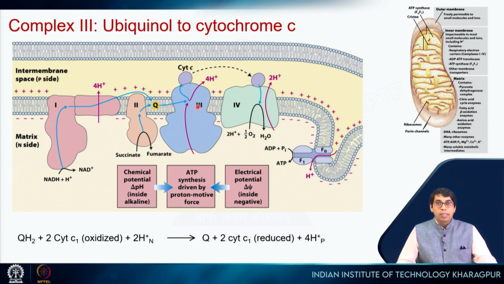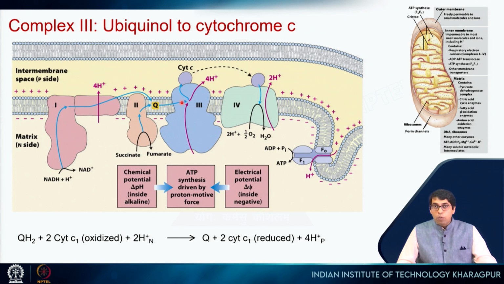Now complex 3 comes. Ubiquinone has been reduced to ubiquinol. Complex 3 will take the electrons from ubiquinol and transfer them to cytochrome C. So ubiquinol will be converted back to ubiquinone. The oxidized cytochrome C1 becomes reduced cytochrome C1.